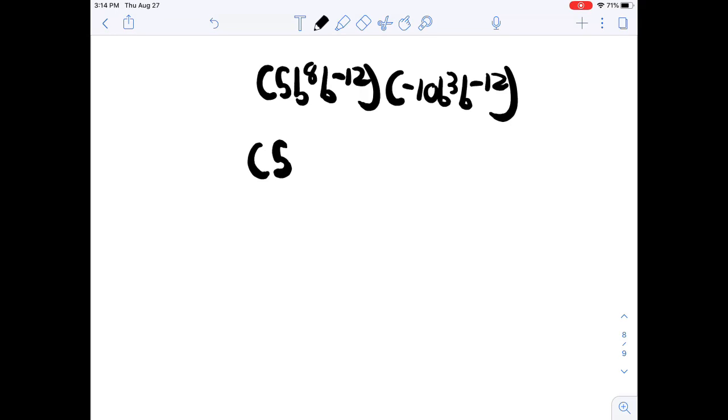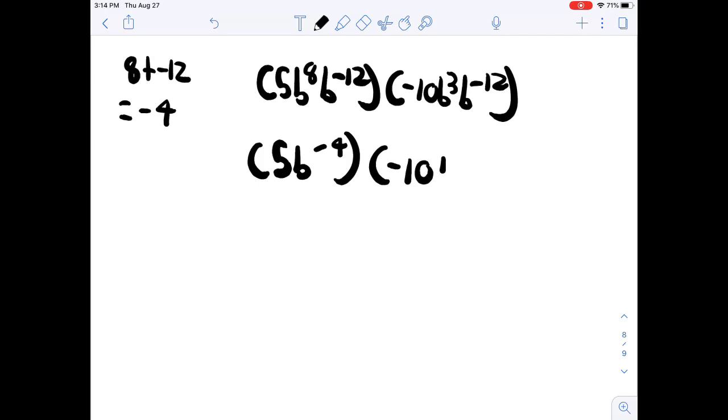The 5 will stay where it is, and then it'll be b to the power of negative 4, because we're multiplying here, so we're adding the exponents. 8 plus negative 12 equals negative 4. Then the second bracket, we have negative 10 times b to the power of negative 9. And now we can proceed from here.